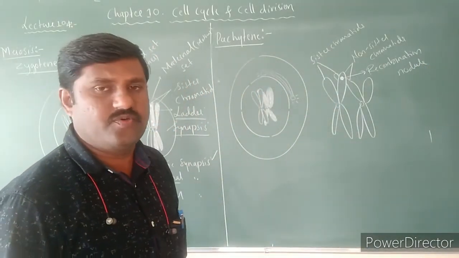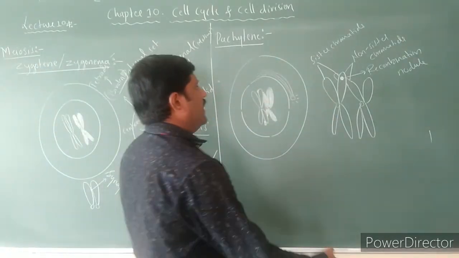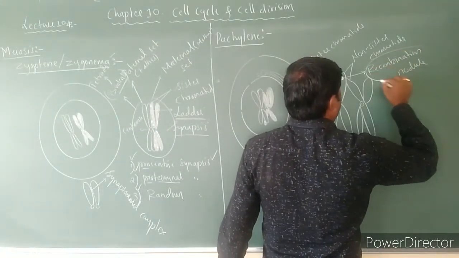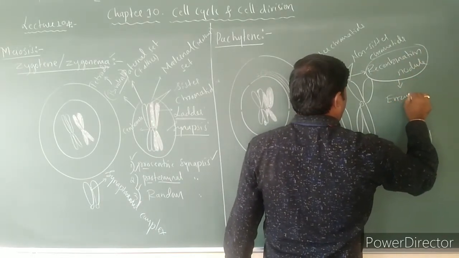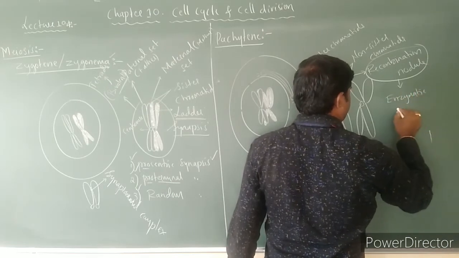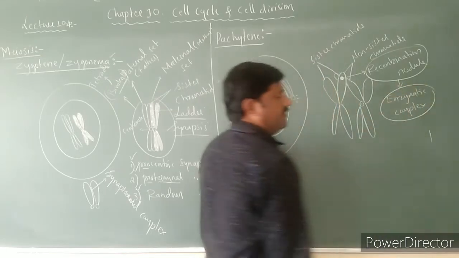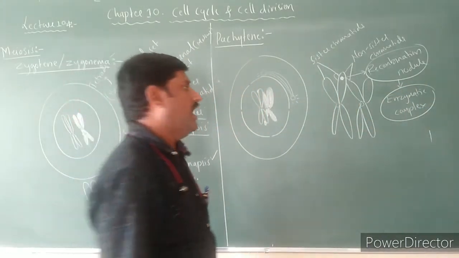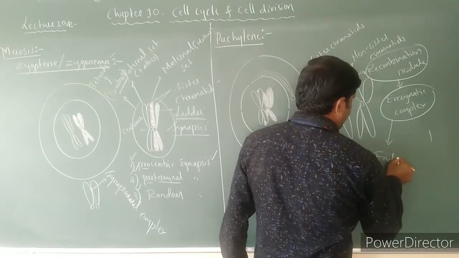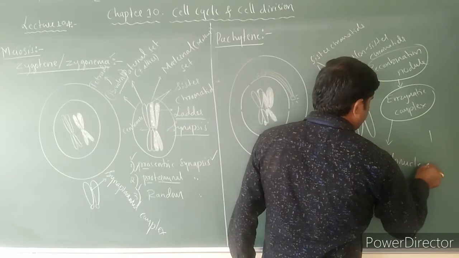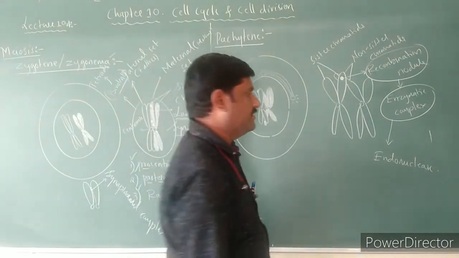This recombination nodule mainly consists of an enzymatic complex, mainly consisting of the endonuclease enzyme. Endonuclease is there.